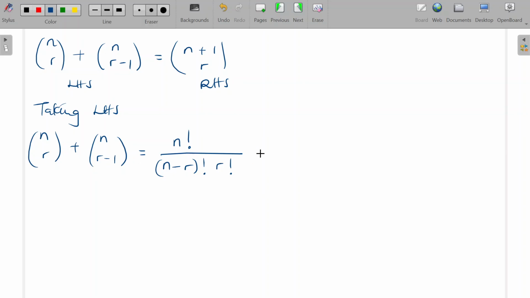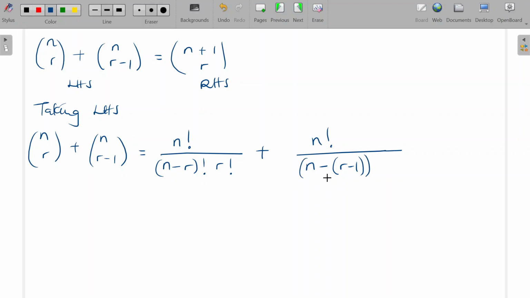Then you say plus n factorial over n minus r minus 1.